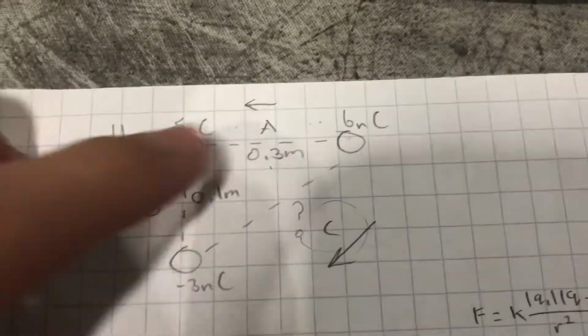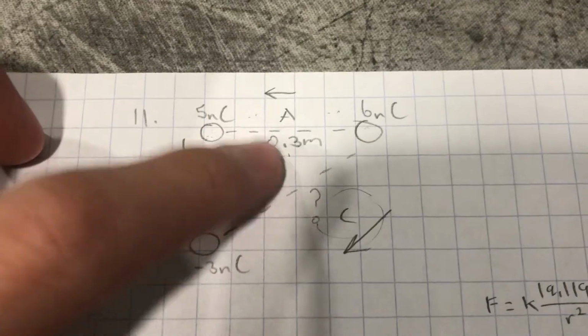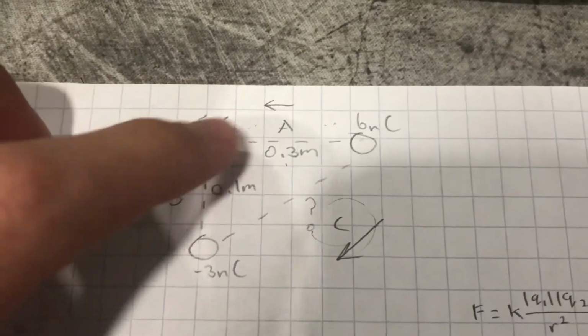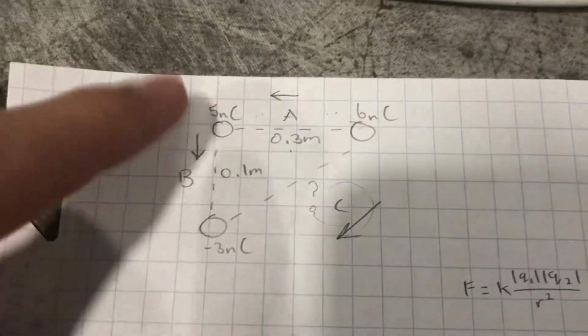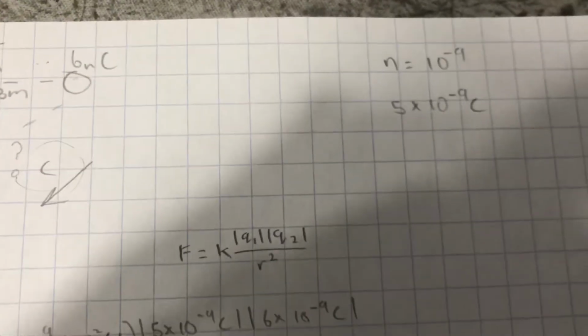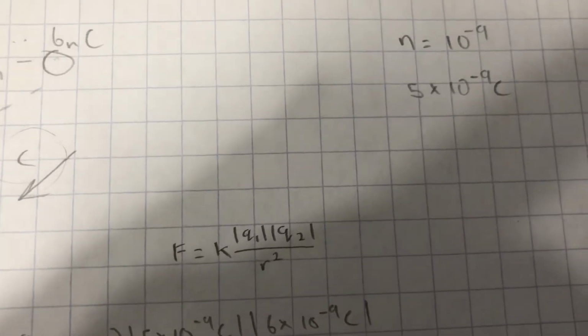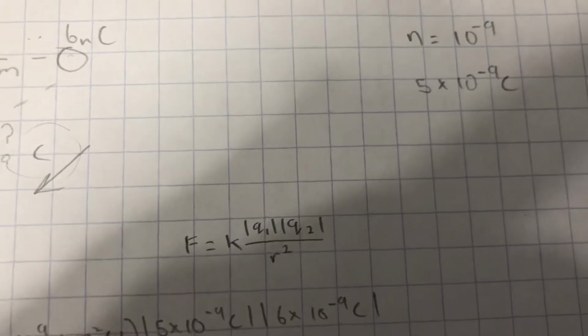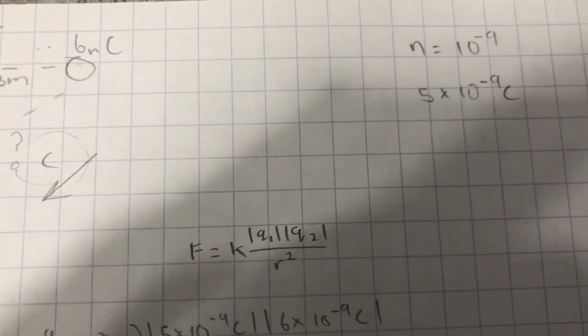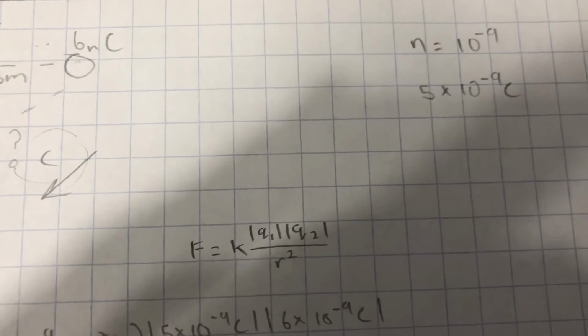And so we first want to find, well, we can find B and A because we have our radius and our charges for both of them. So we're going to use the Coulomb's equation, and its force is equal to the constant and the absolute value of the two charges over the radius squared.